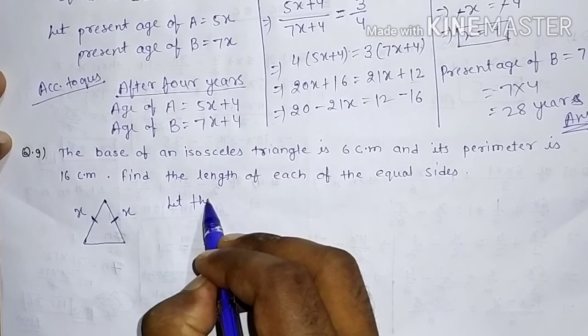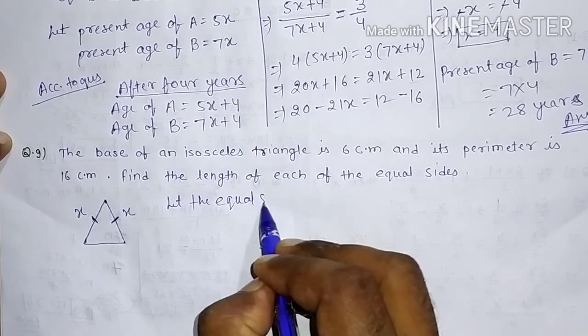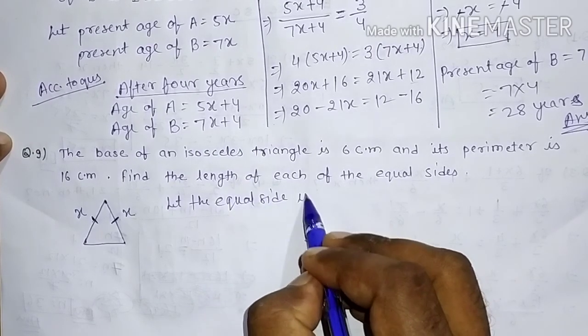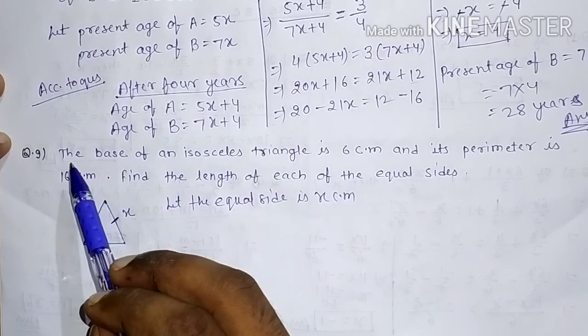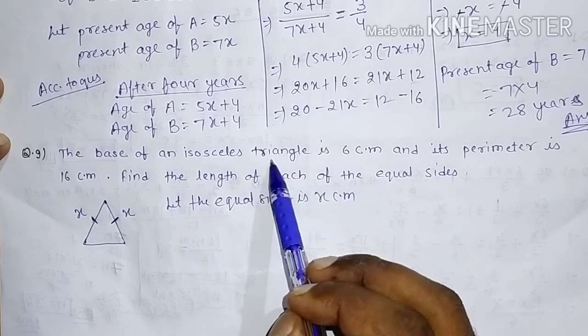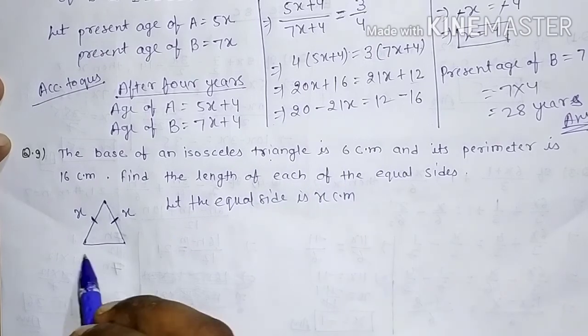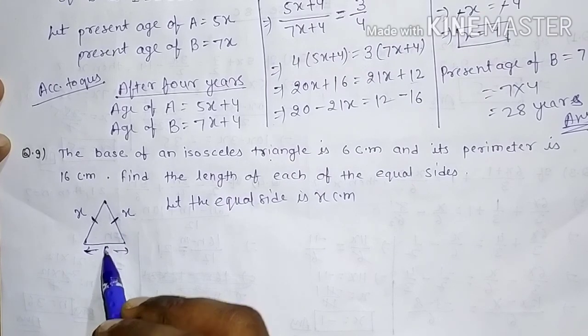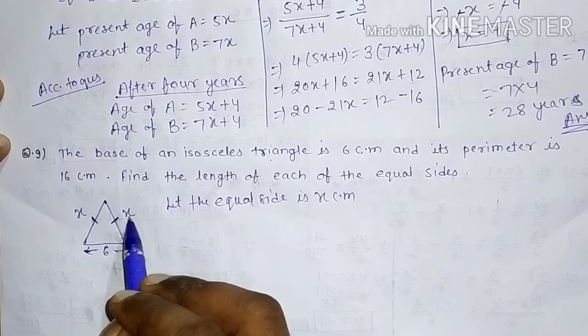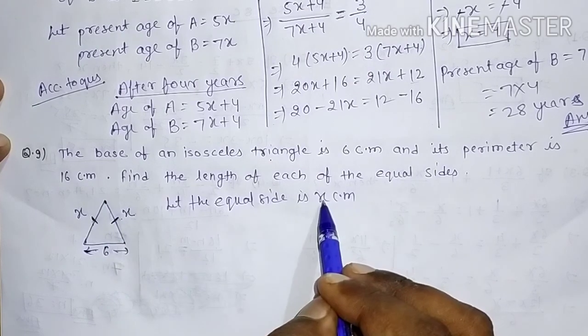Let the equal side be x centimeter. Now the question is, the base of an isosceles triangle is 6 centimeter. So this is the base, and the 6 centimeter is given here. The base is 6 centimeter, and the two equal sides are x centimeter.